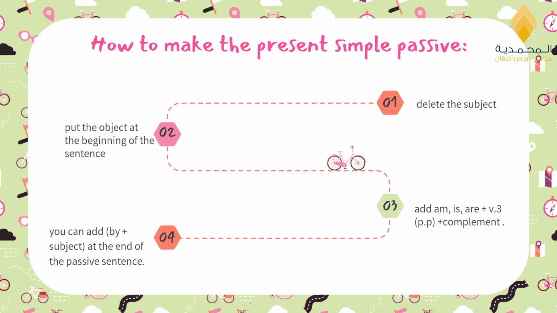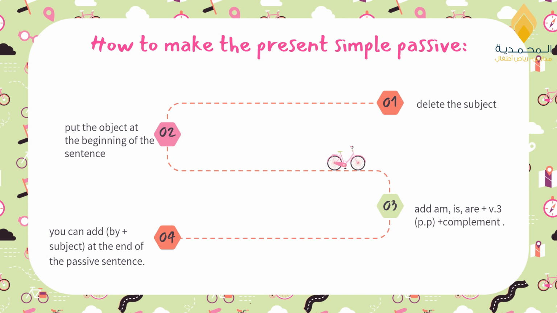Step number 3, add am, is, or are according to the object. If the object is I, you are going to add am. If it is singular, add is. If it is plural, add are, followed by the past participle, verb 3, with the complement.